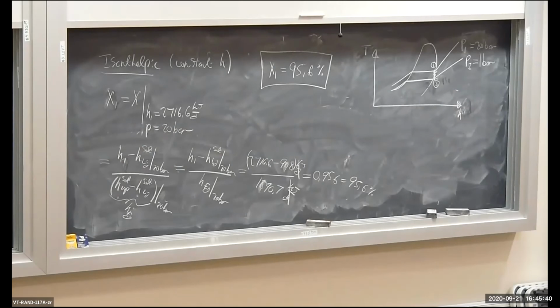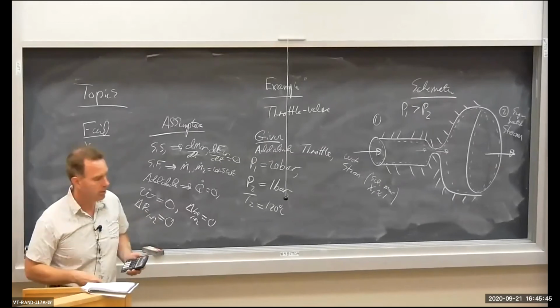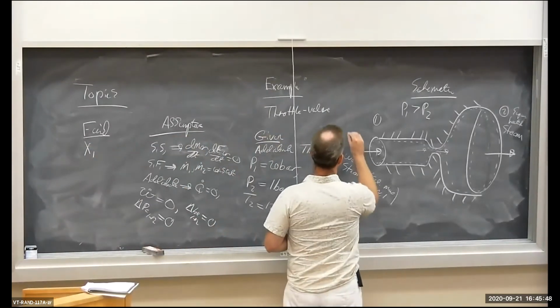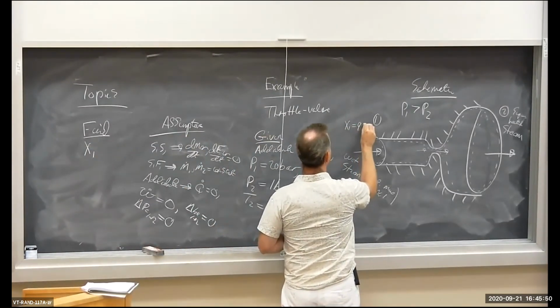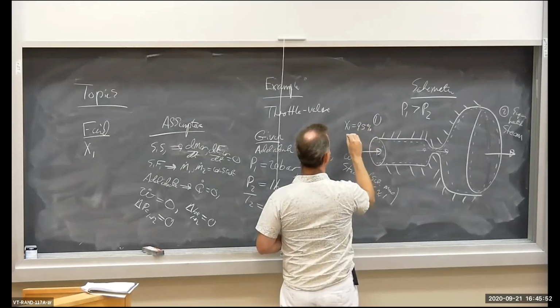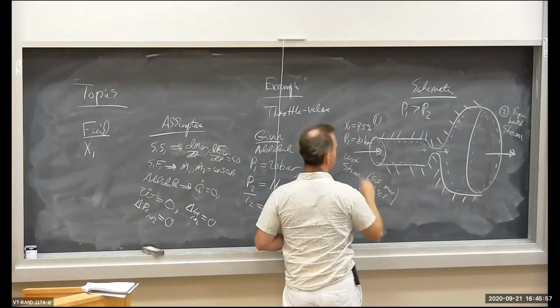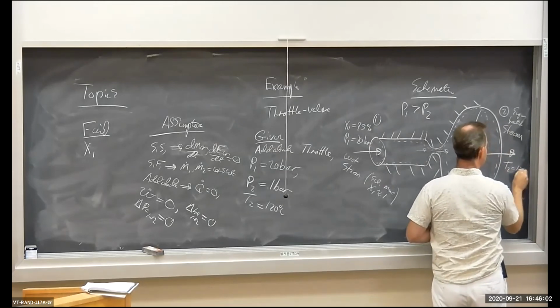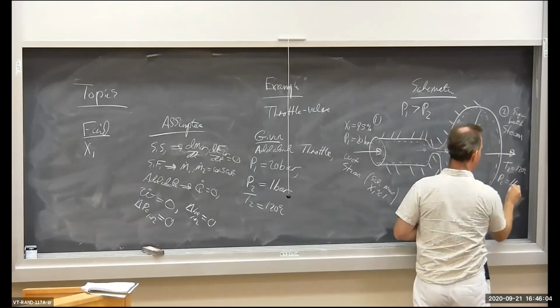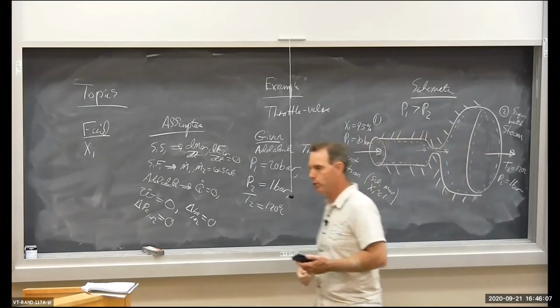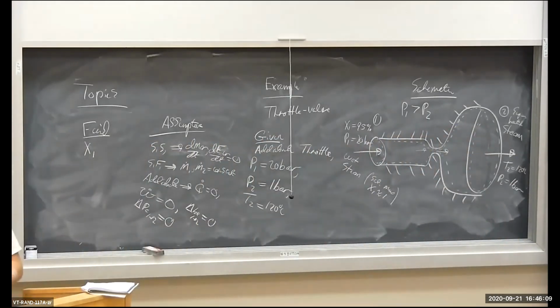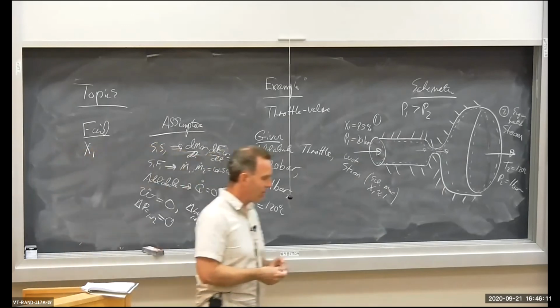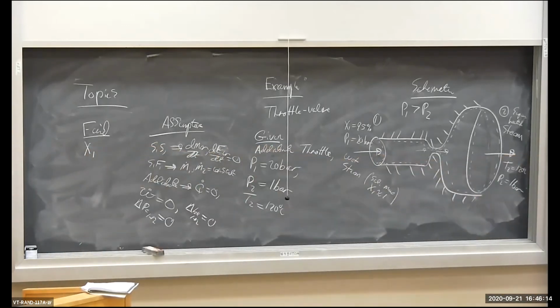So the inlet quality for the steam X1 is about 95%, and pressure P1 is 20 bar. And the outlet T2 is 120 degrees C, and P2 is 1 bar. We dropped the pressure, and we expanded a mixture of saturated liquid and vapor to a superheated vapor, okay?